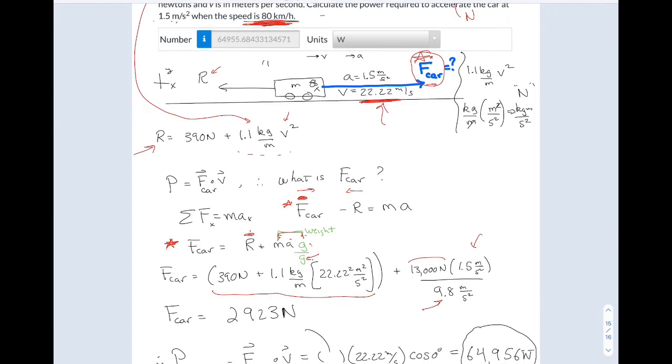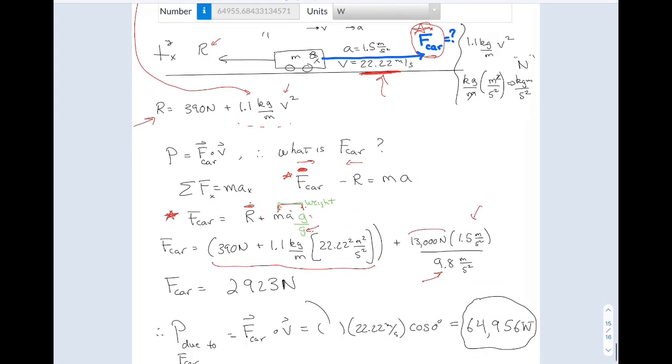This is the force that's accelerating the car. The instantaneous power is the force dotted into the velocity. The force points to the right and the velocity points to the right, so the angle between them is 0 degrees. That gives me the instantaneous power that the force is delivering to the car at that instant, in watts.